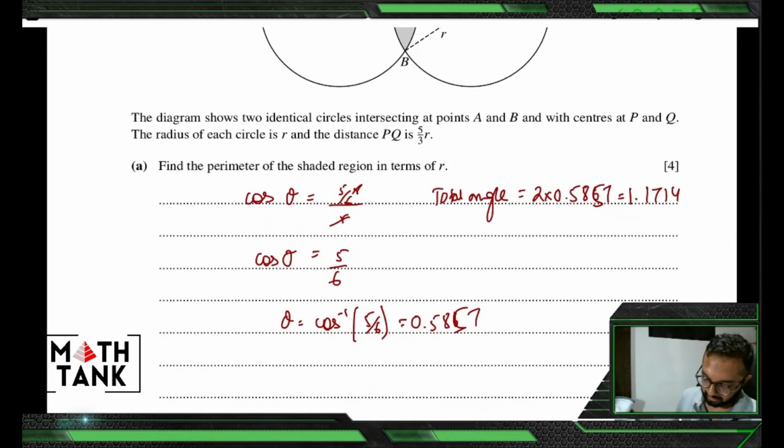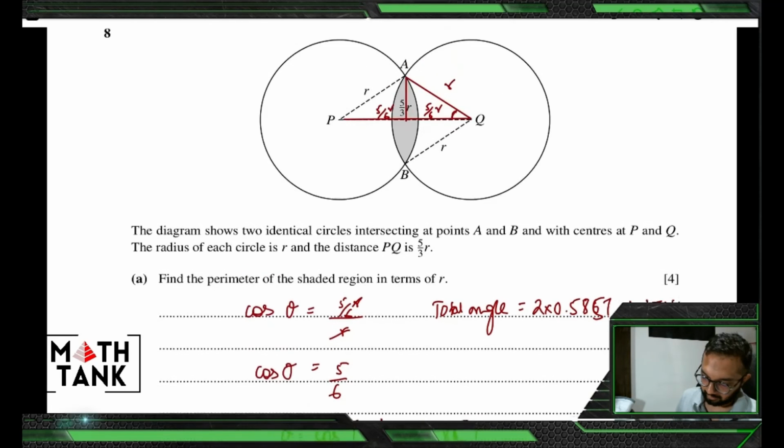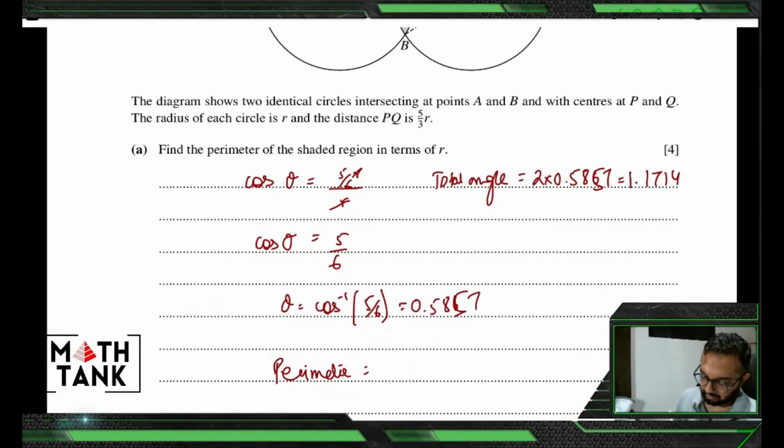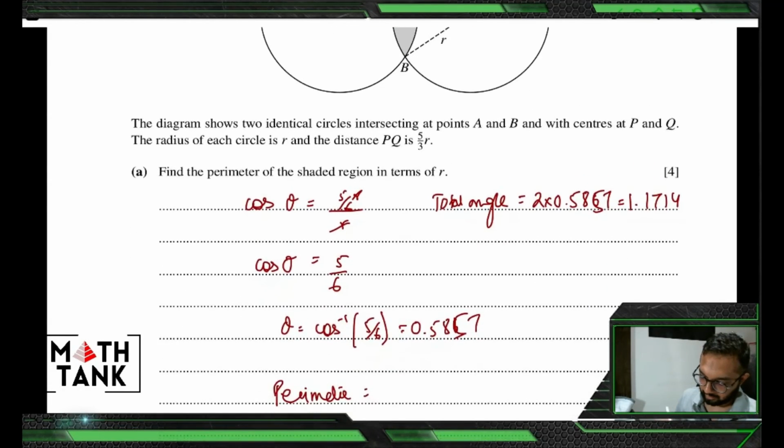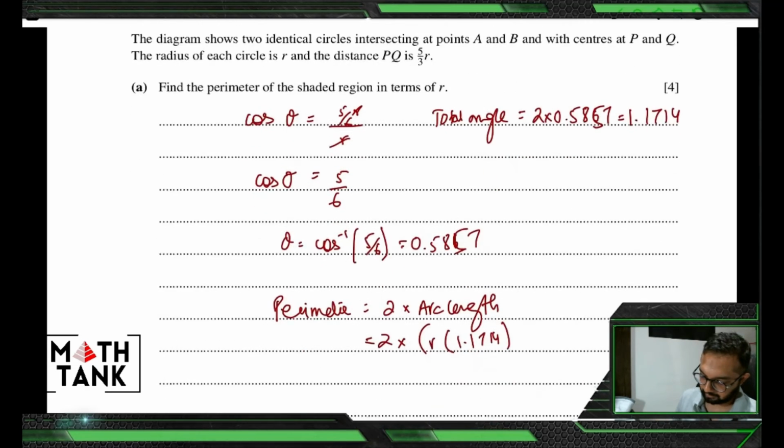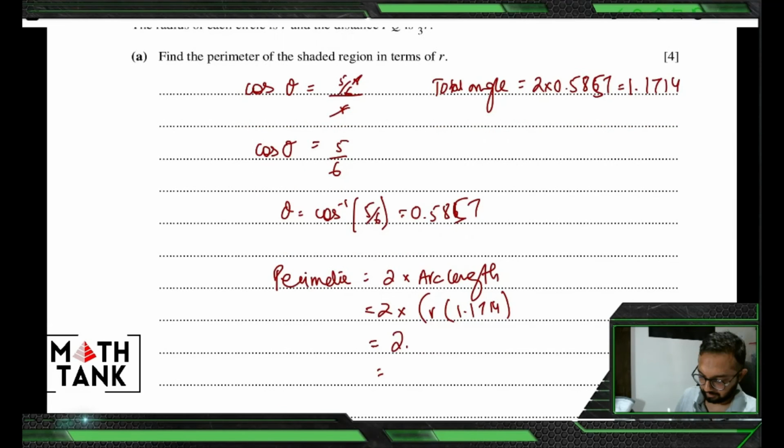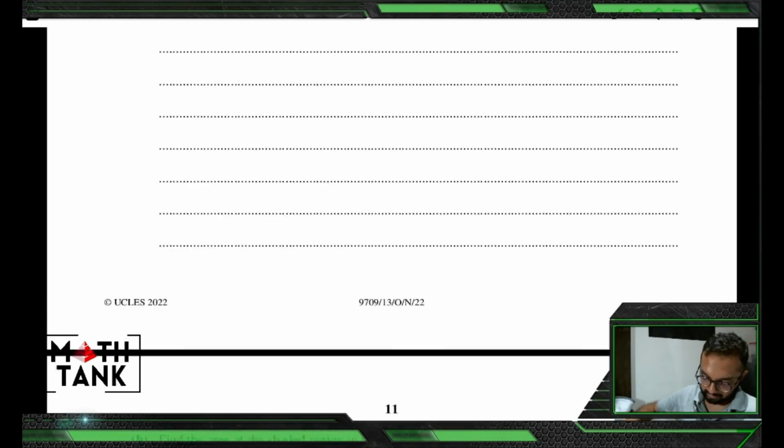So the perimeter is then 2 times arc length. So that's 2 times r theta. I don't know why I'm making these errors right now.